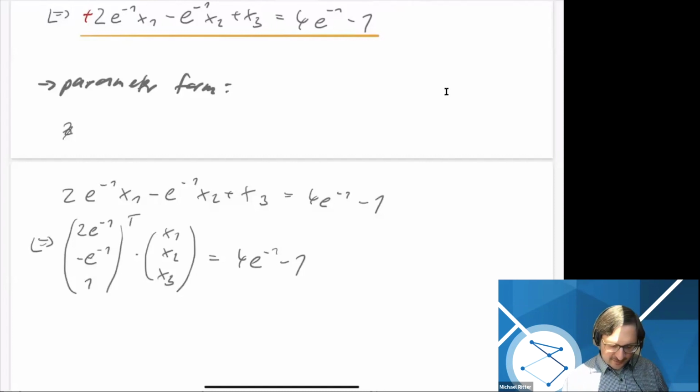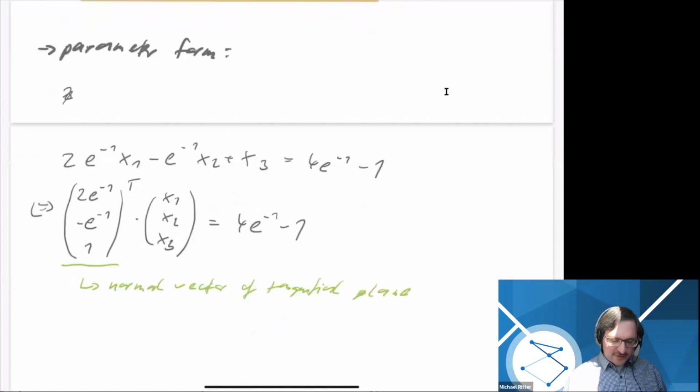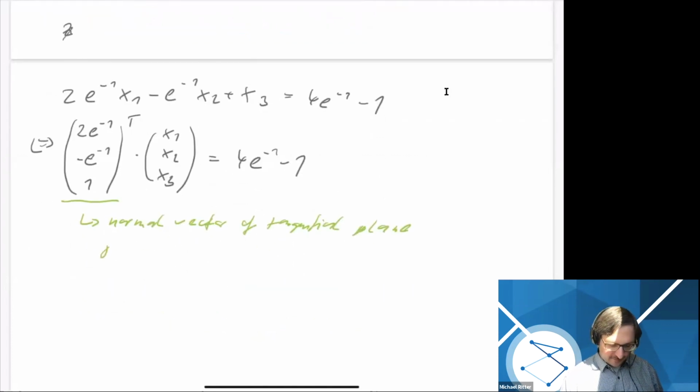And this is called the normal vector of the tangential plane, a vector that is orthogonal to the plane.